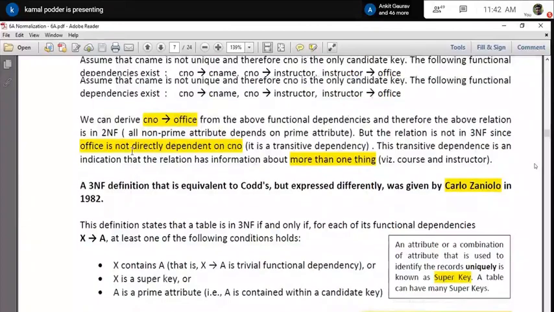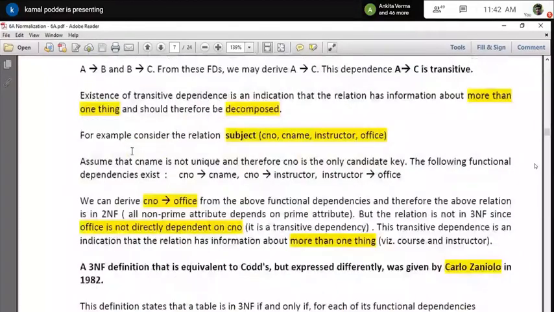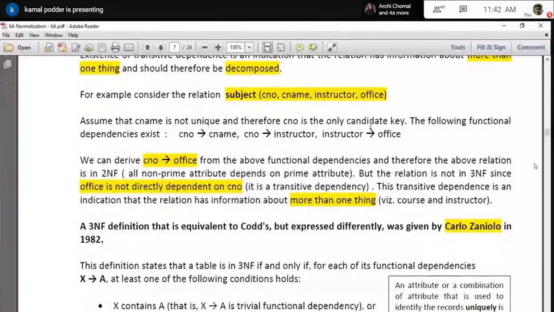If you have any transitive relationship in a table, definitely you have to think that you are trying to club information of two things in one table. Here, the office is basically information about the instructor.